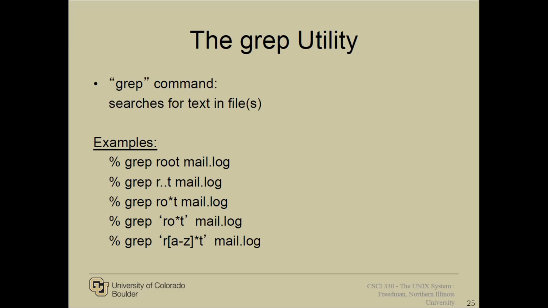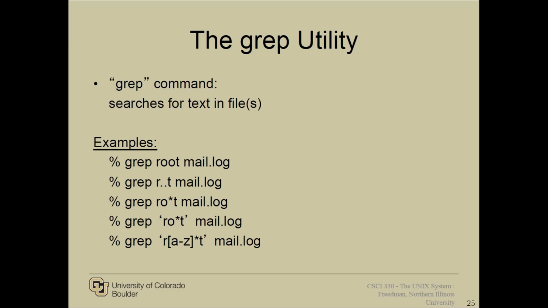Alright, so we're going to talk a little bit about the grep utility as it uses regex. So here we have the grep command, which searches for text in files or a set of files. We can see in the example that the structure is command, expression, and then file. So we have grep root mail.log.